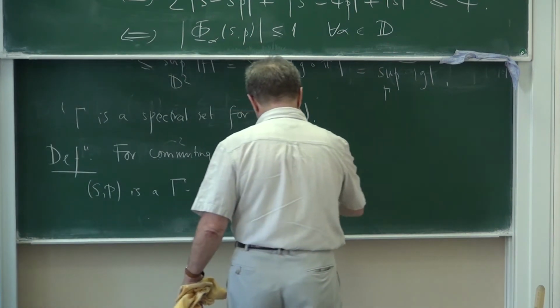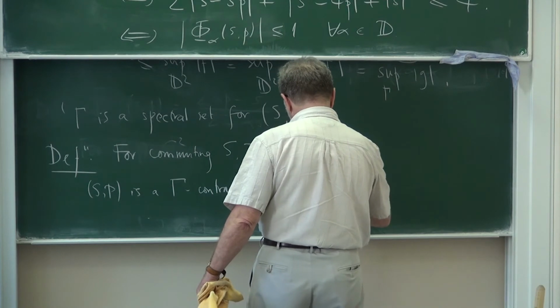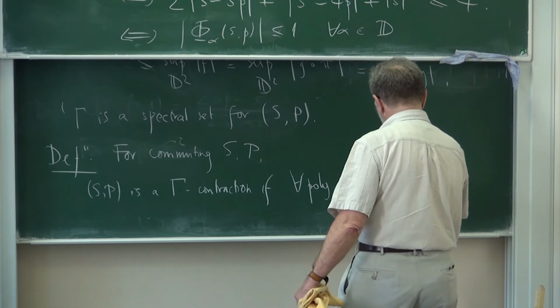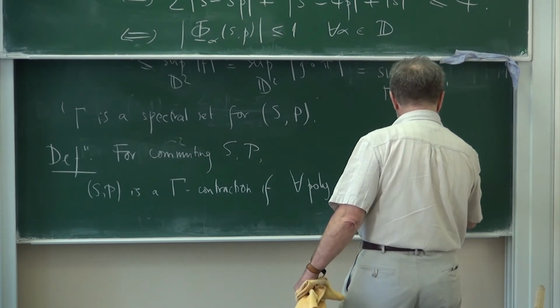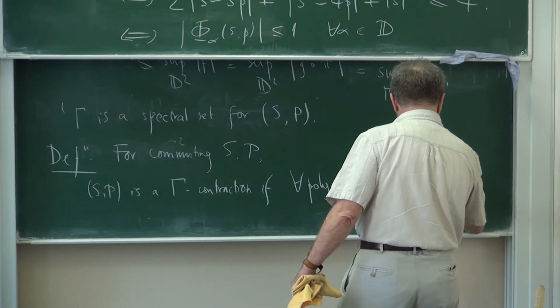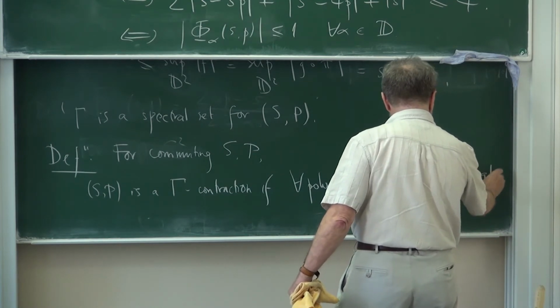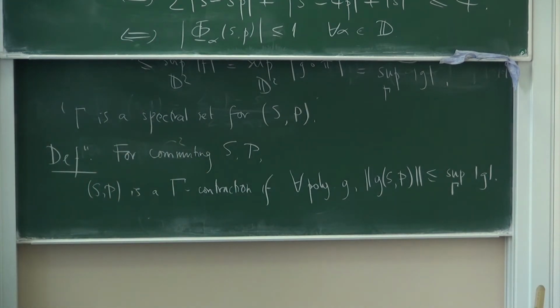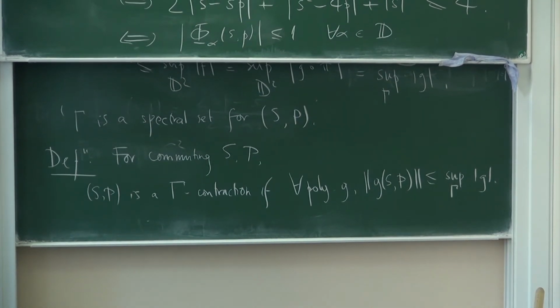If for all polynomials g, the norm of g of S, P is less than or equal to the sup over gamma of mod g. So that's the notion of gamma contraction, which is going to be central to this and tomorrow's lecture.